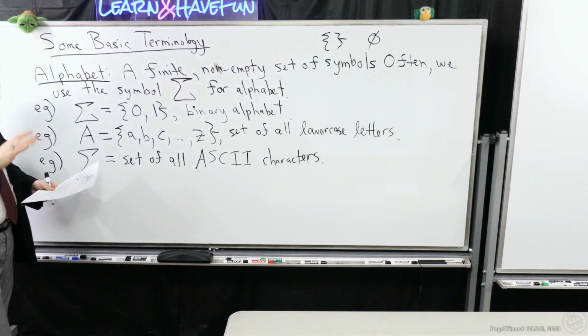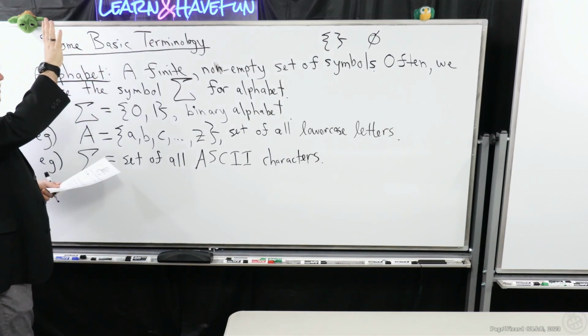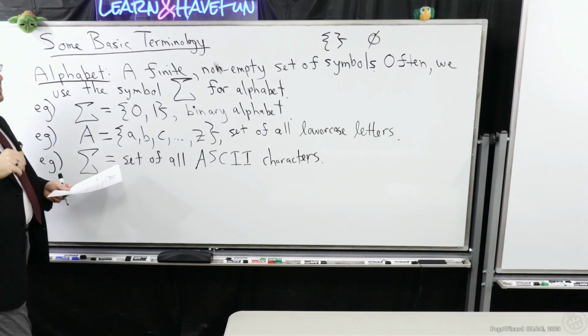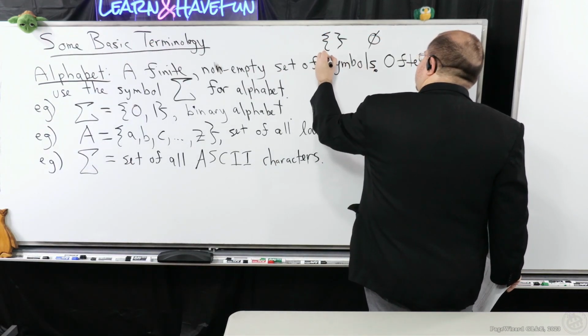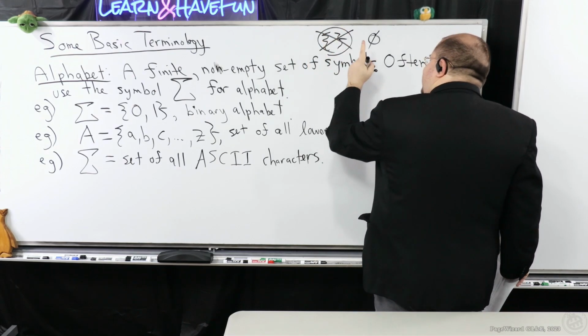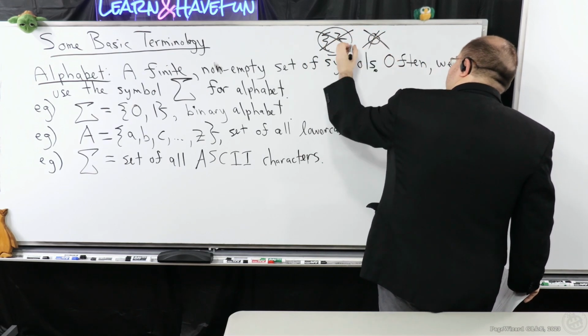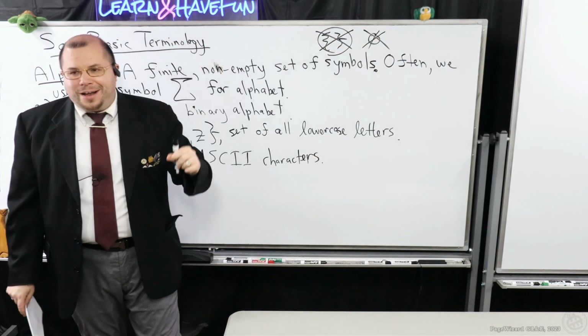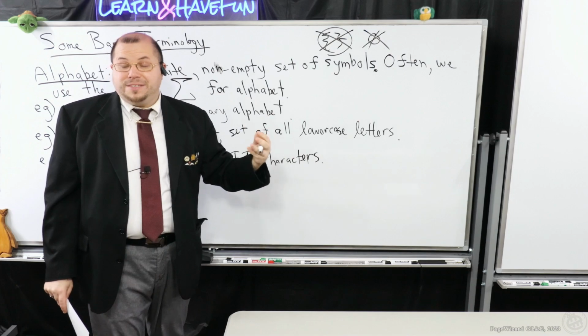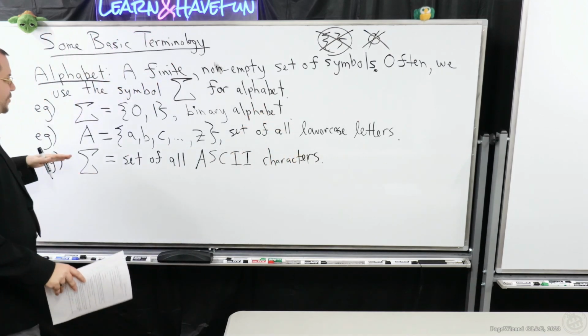Just to make sure we understand this definition, it's a finite, non-empty set of symbols. Well, no, this isn't an alphabet, right? Because it's empty. Keep in mind, these are both the same thing, but most certainly they are not alphabets because they are empty sets. They don't have any symbols in them, right?